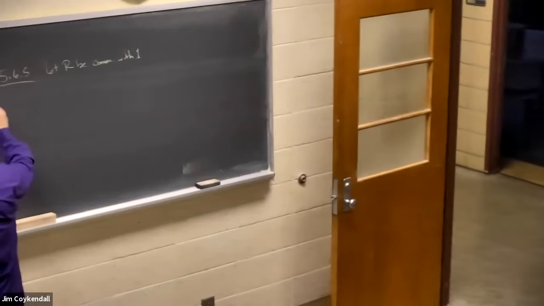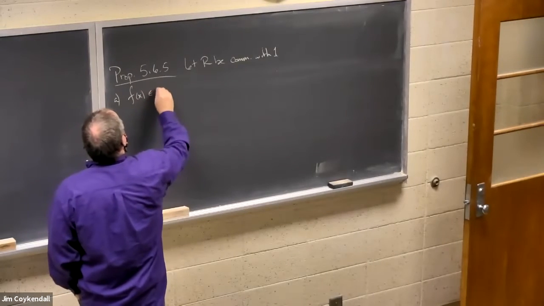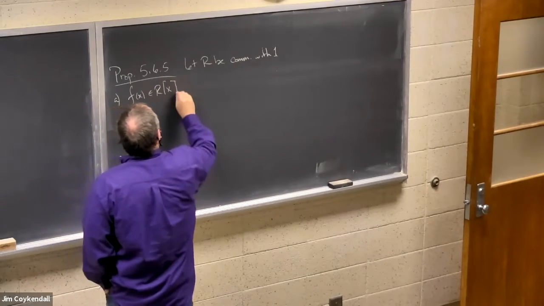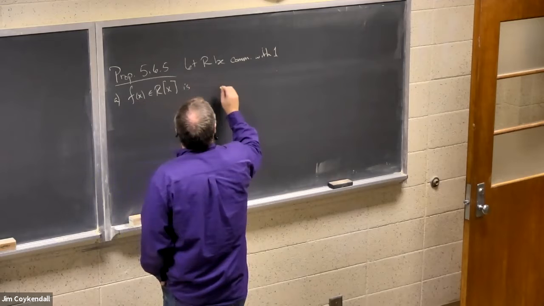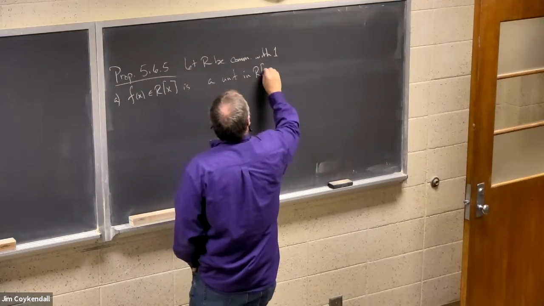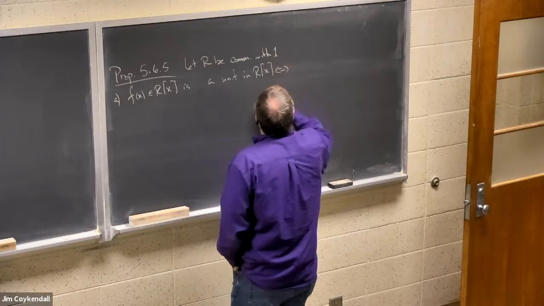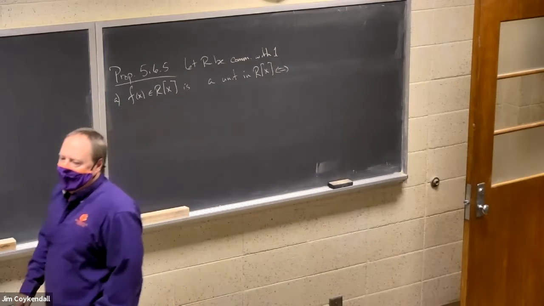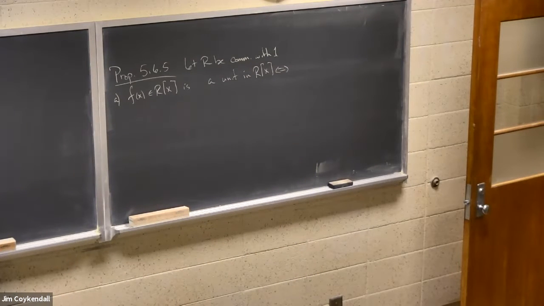Number A: f(x), a polynomial, is a unit in R[x] if and only if the constant term is a unit and all other coefficients are nilpotent.